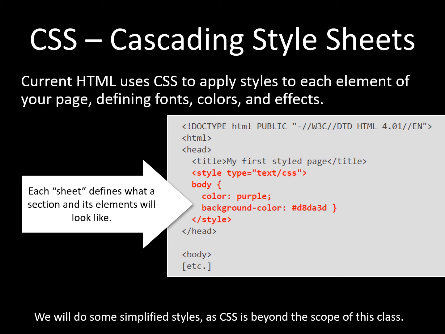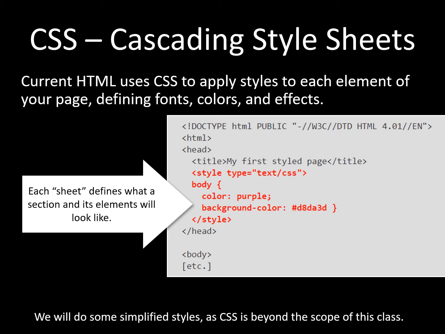Current HTML uses what's called CSS, which stands for Cascading Style Sheets. This is a section of code that is put inside the head of your code, and it is used to define elements on your page by defining fonts and colors and effects.